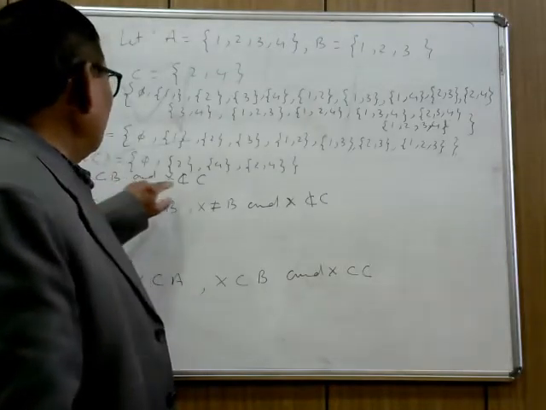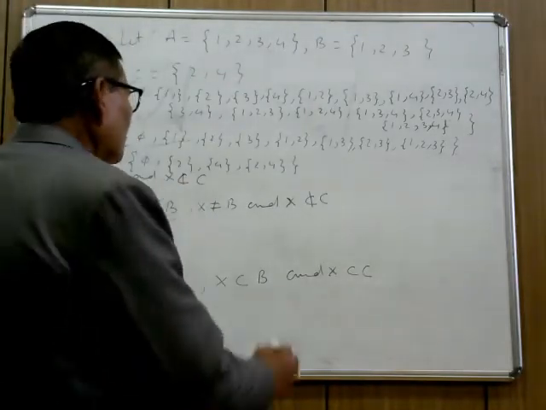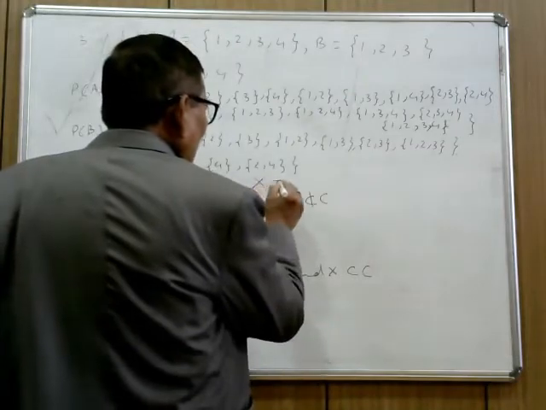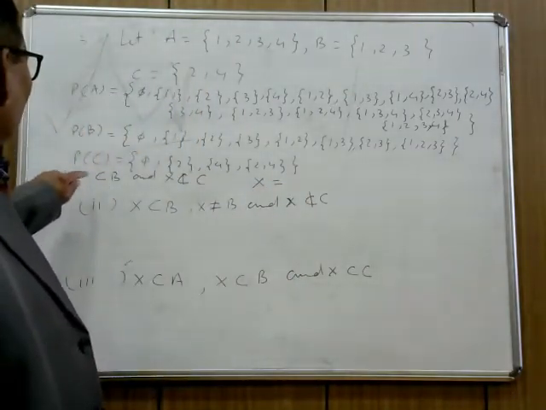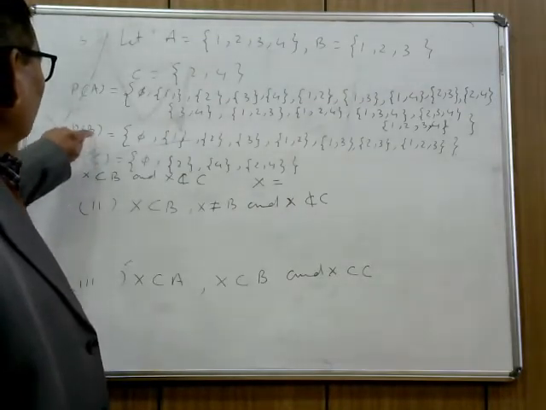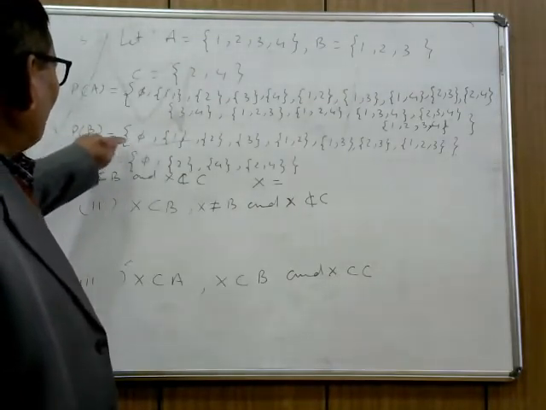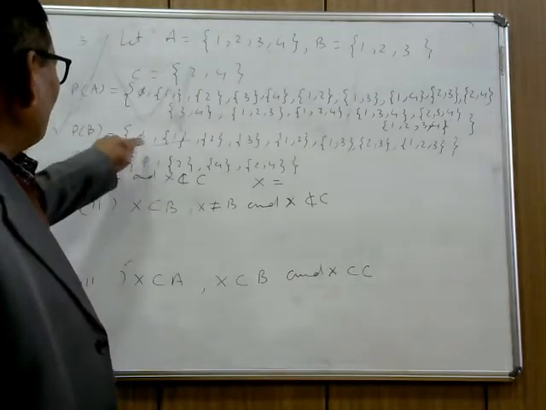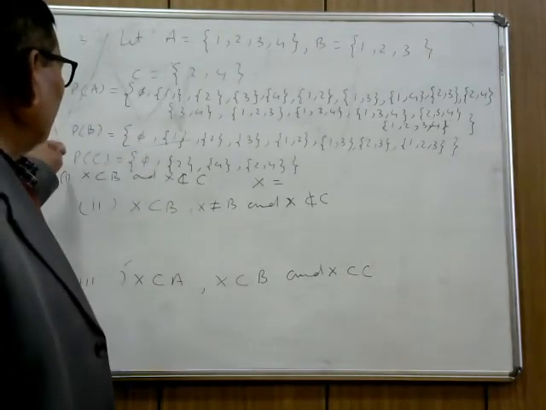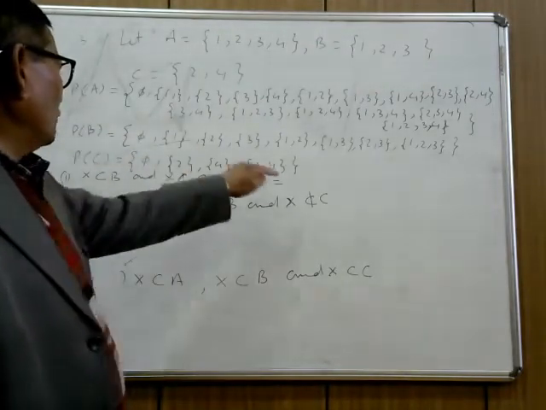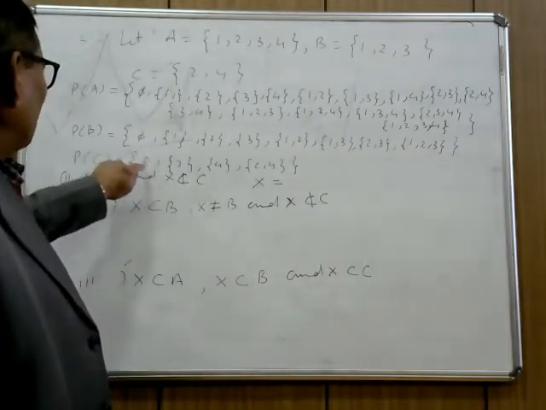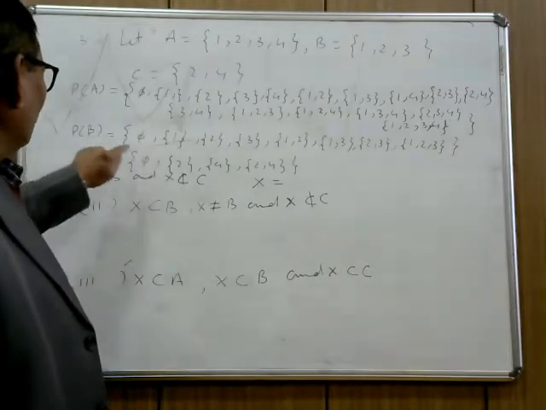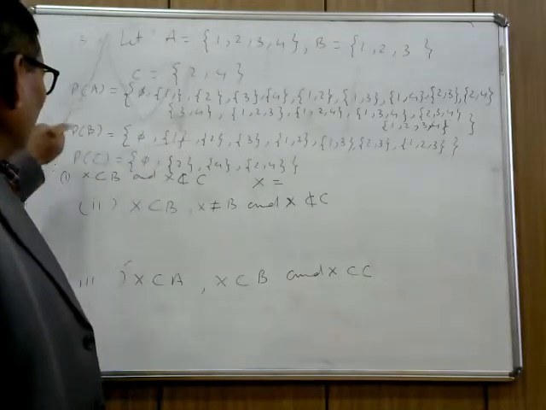In this case, you have to find all X. Now you see your power set of B and power set of C. Phi is here, phi is here. Phi is a subset of B and phi is a subset of C. Therefore X is not phi, because phi is an element in both the power set of B and the power set of C.